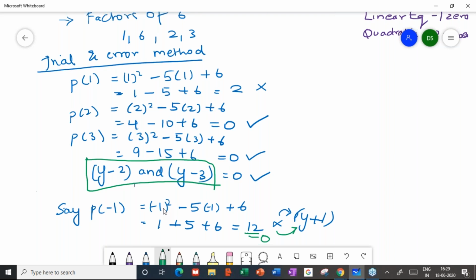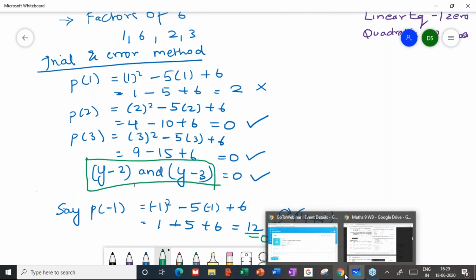I wanted to clear that if the factors are positive, you would write it as y minus 2 or x minus 2, whatever the initial variable is. Only if you are using minus terms, then you write the factors as plus. I just wanted to clear that. For that I took it up.